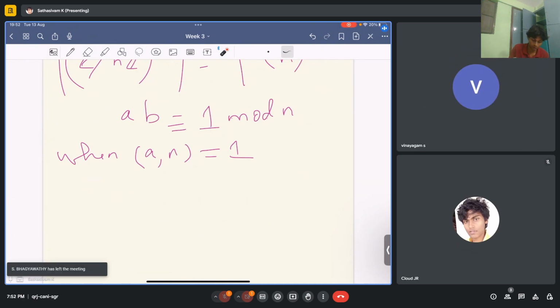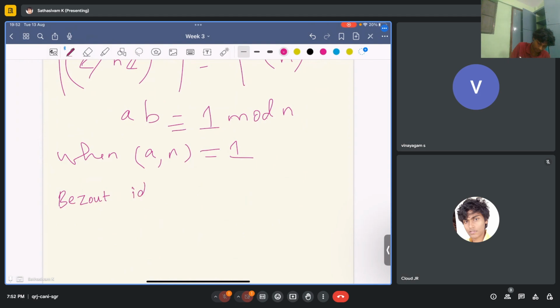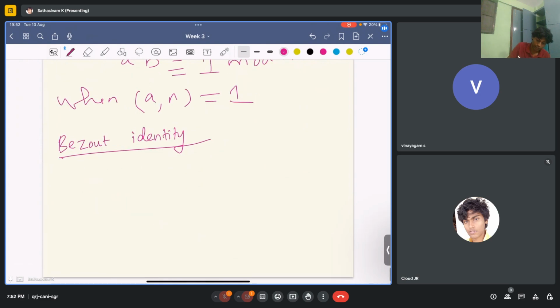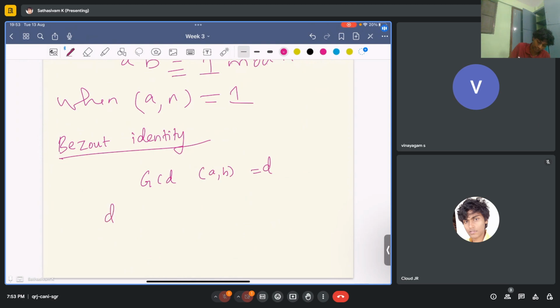In the proof, you're going to use the Bezout identity. It's the identity in number theory which says that if the GCD of a, b is some d, then I can write d as n times a plus m times b.